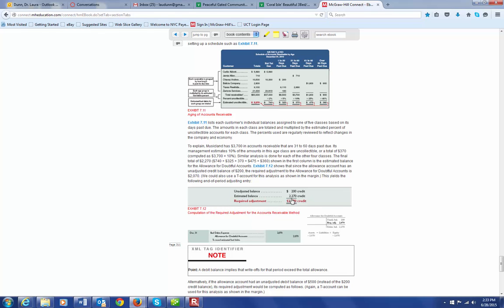So again, same thing, you want this to be the balance. Okay, they have $3,700 in accounts receivable that are 31 to 60 days past due. They estimate 10% of that won't be collected, so that's $370. Like I said, we do that across this whole schedule.